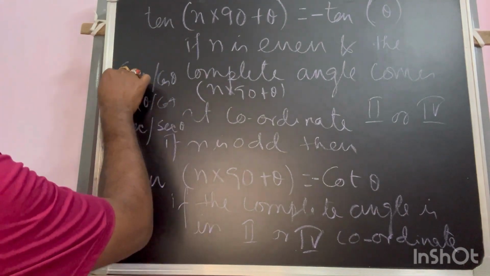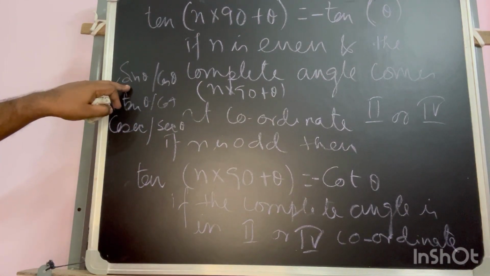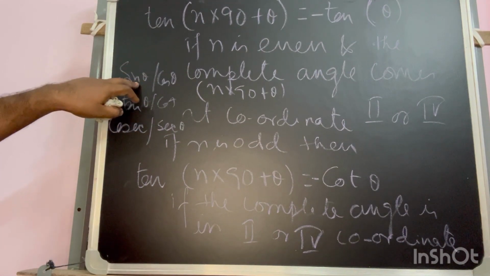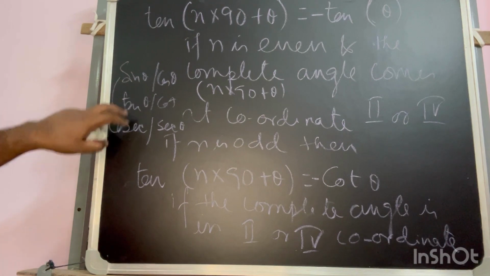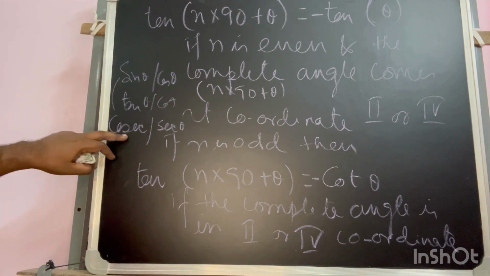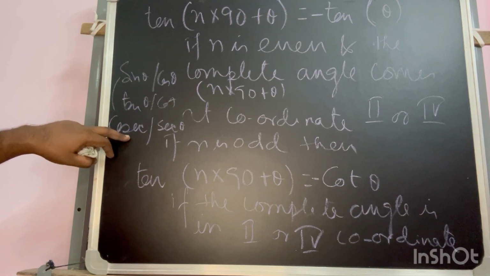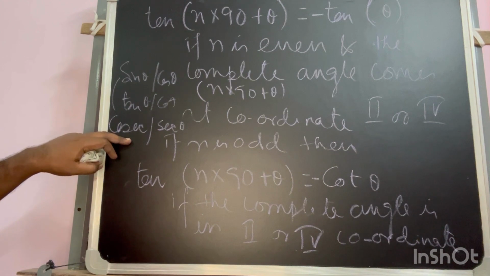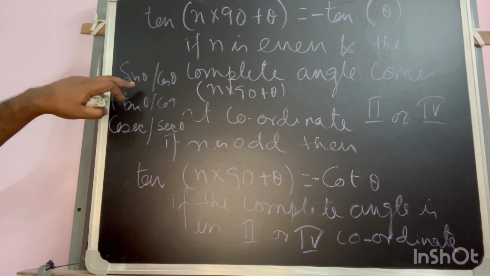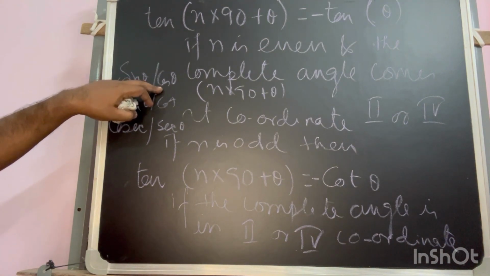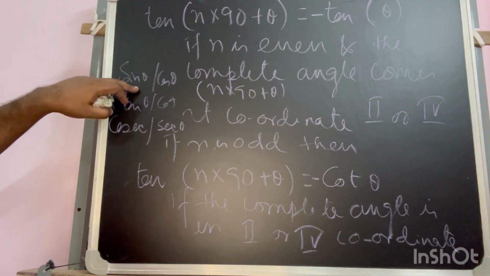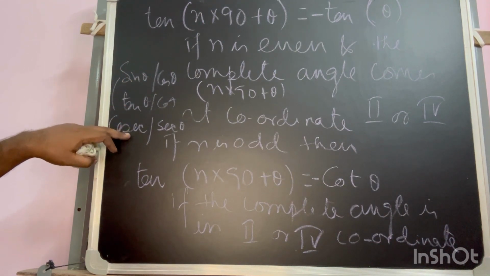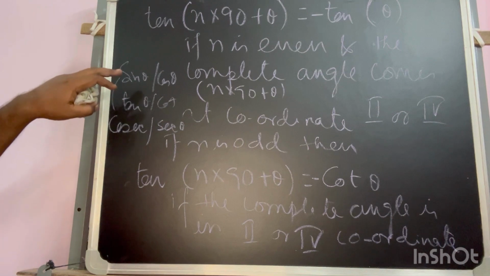Similar to the way that sine is responding. Sine will be sine when cosec will be cosec if n is even and it is falling in the first and second coordinate. Sine will be cos if n is odd and it is falling on first and second coordinate.